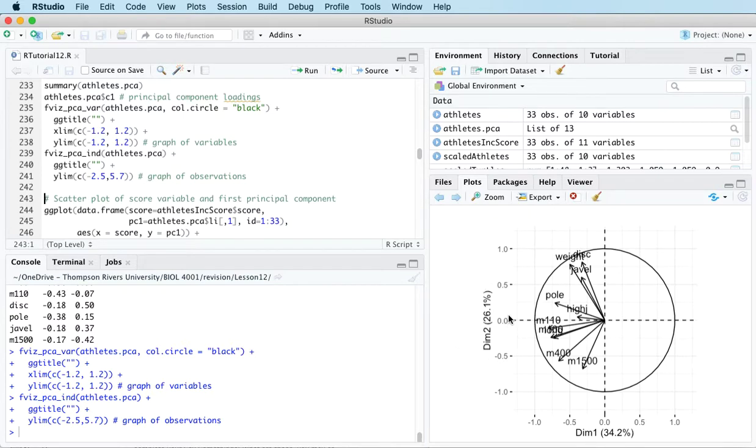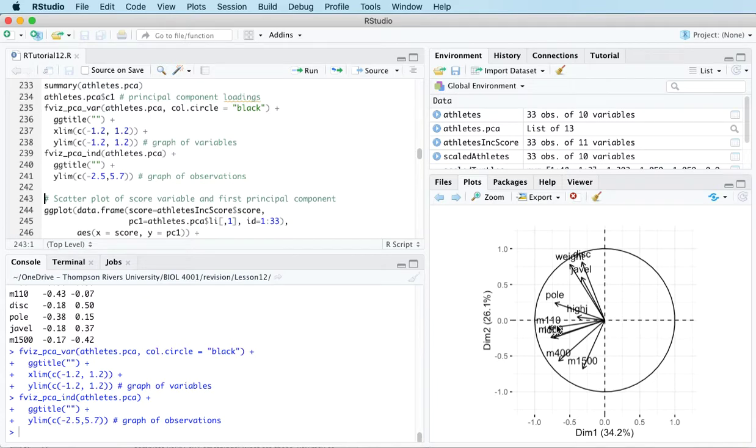I'm not thinking about dimension 2 yet, we'll come to that, but just thinking about dimension 1, all the arrows are pointing to the left. So dimension 1 is an overall measure of how well the athlete is performing, because they're running quicker, they're jumping higher or further, and they're throwing specific objects further: the javelin, the discus, and the shot put.